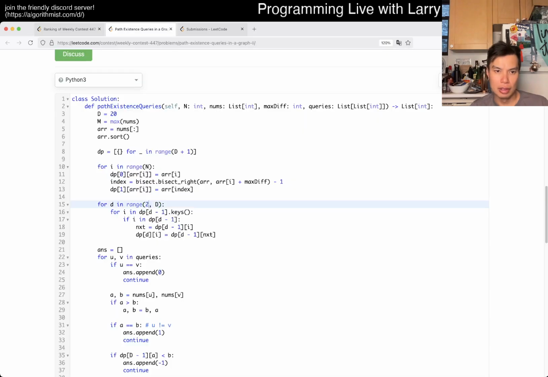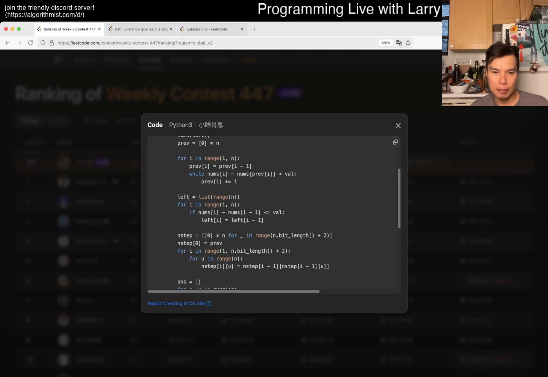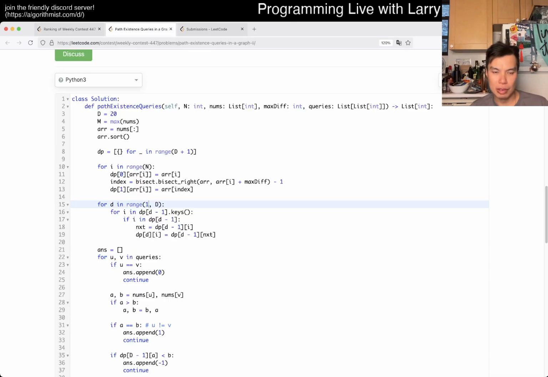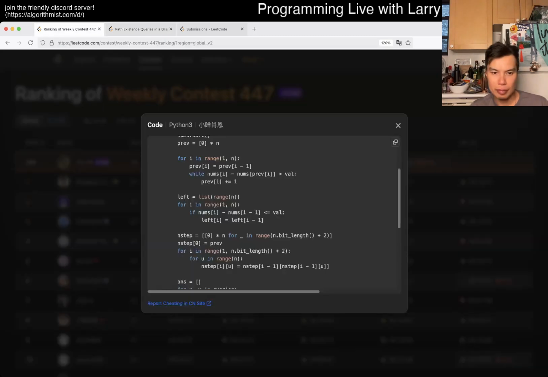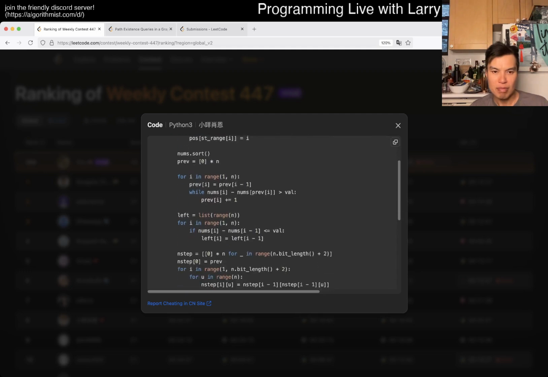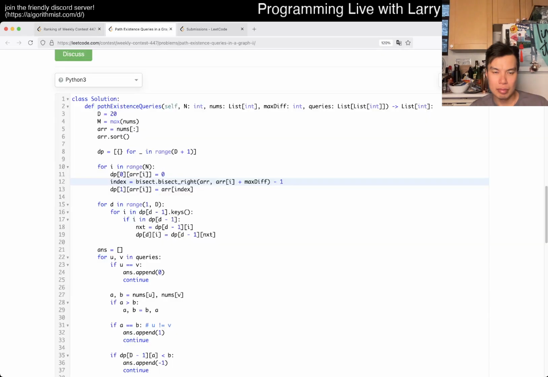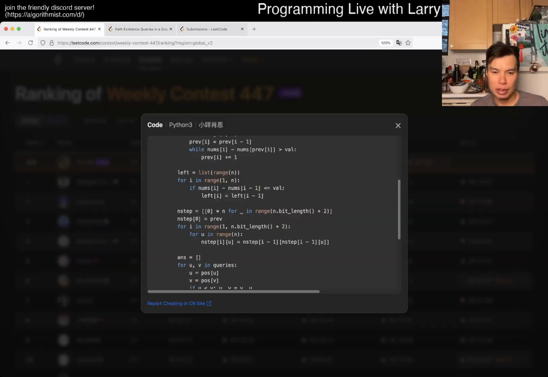So here, he sets dp, so he just sets all these to 0 for whatever reason. Also, I think if there were arrays, we would have been fast enough. But okay, so for whatever reason, he set them to 0.